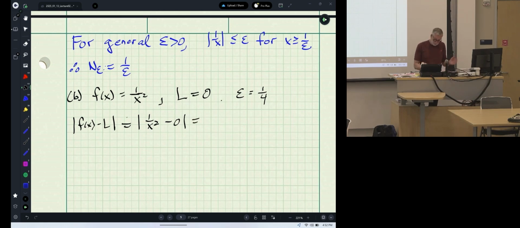And since x squared is always positive no matter what, as long as x is not equal to 0, we can remove the absolute value signs.